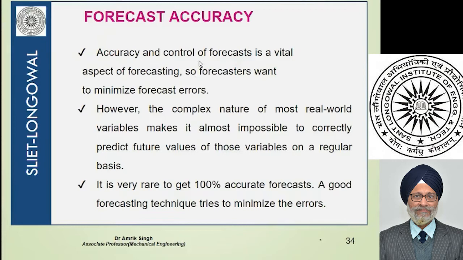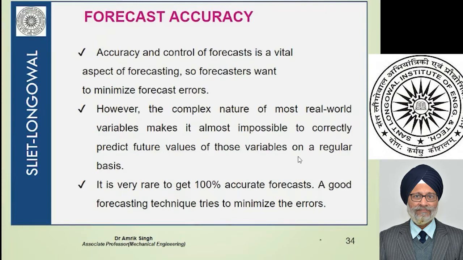So accuracy and control of forecast is an important aspect in forecasting so that we can minimize the errors which we have just seen. But in actual, given the complex nature of real-time situations or real-time work problems, it is almost impossible, or rather very difficult, to correctly predict the future value of those variables on a regular basis.